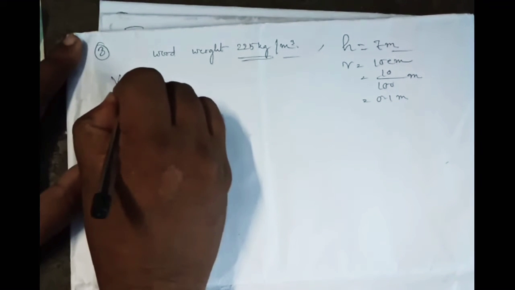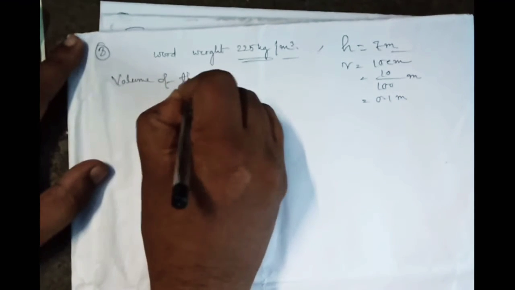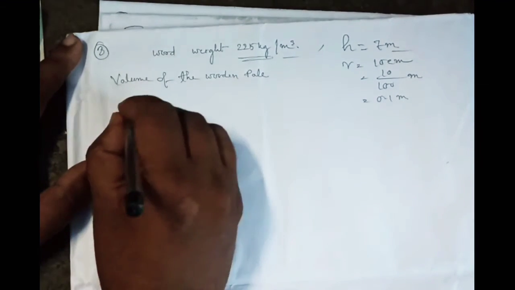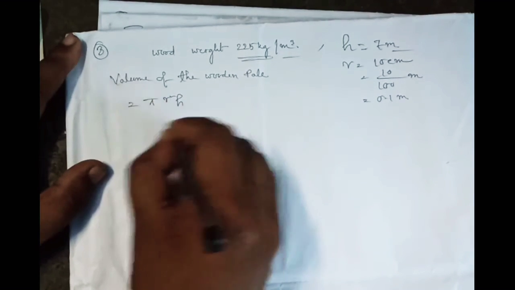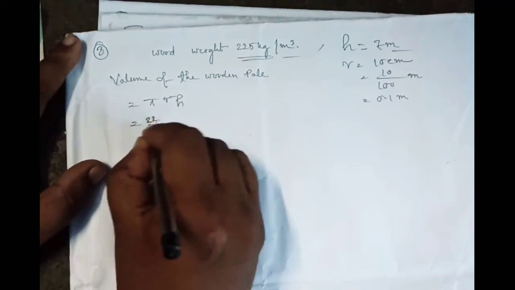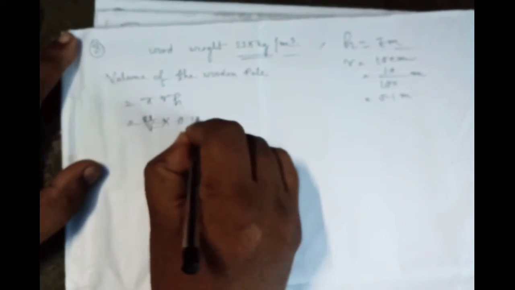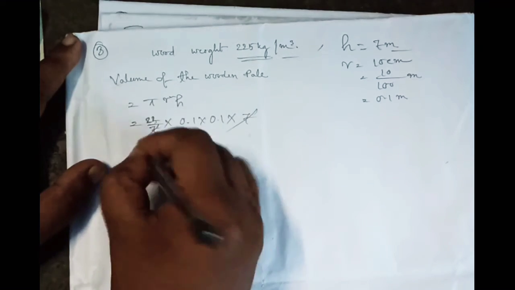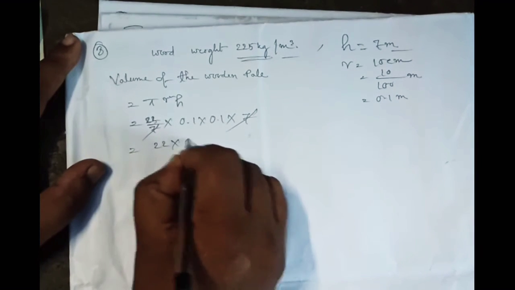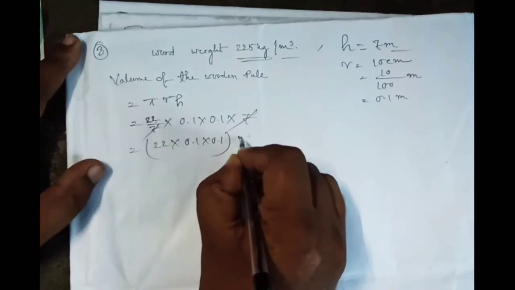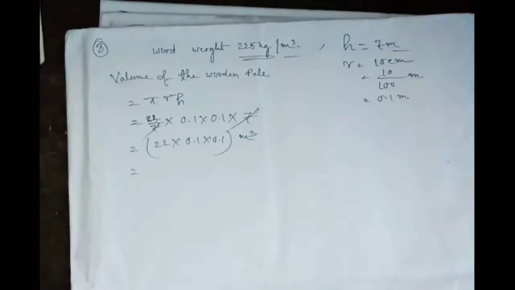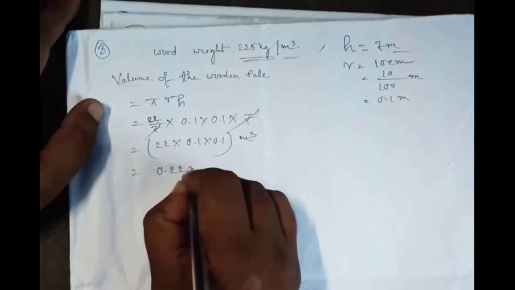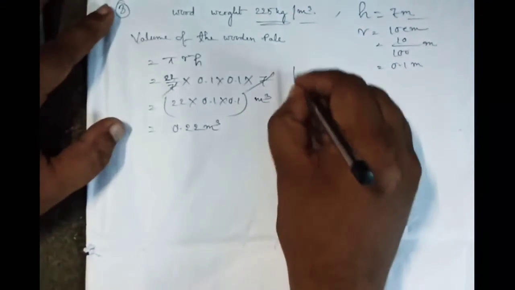So the volume of the wooden pole equals pi r square h, that means 22 by 7 into 0.1 into 0.1 into 7, means 22 into 0.1 into 0.1 meter cube. If we calculate it, we are getting 0.22 meter cube.